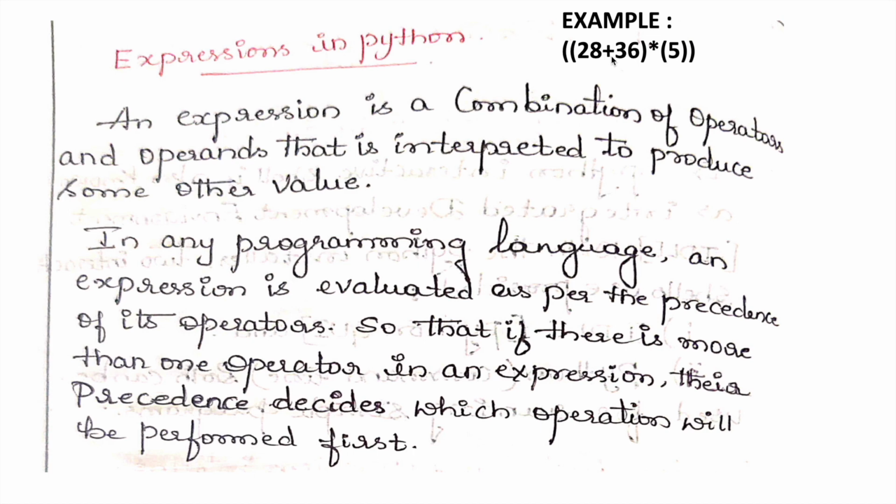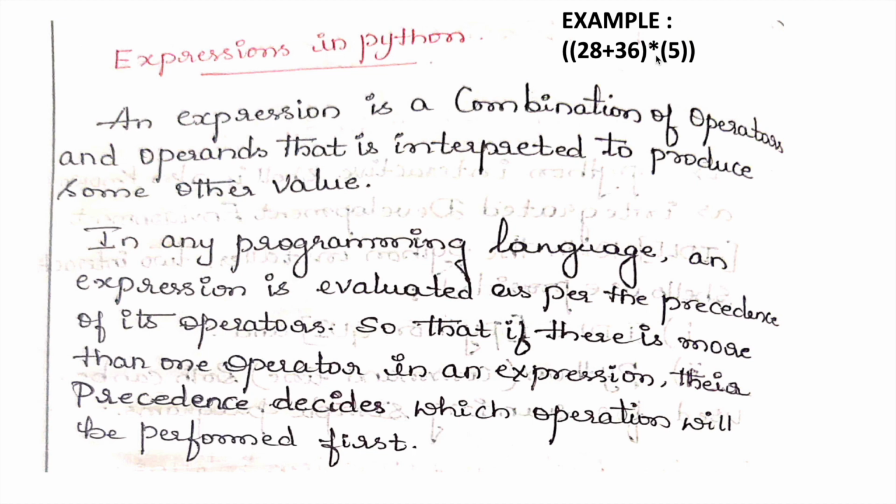Between the operands, what do we have? Operators. Here, how many operands do we have? We have 3 operands, that is 28, 36, 5. What are the operators we have here? 2 operators: the addition operator, that is the plus operator, and star, that is the multiplication operator.